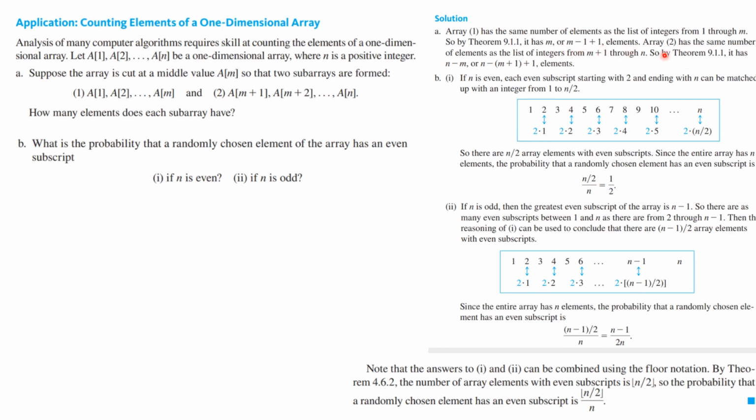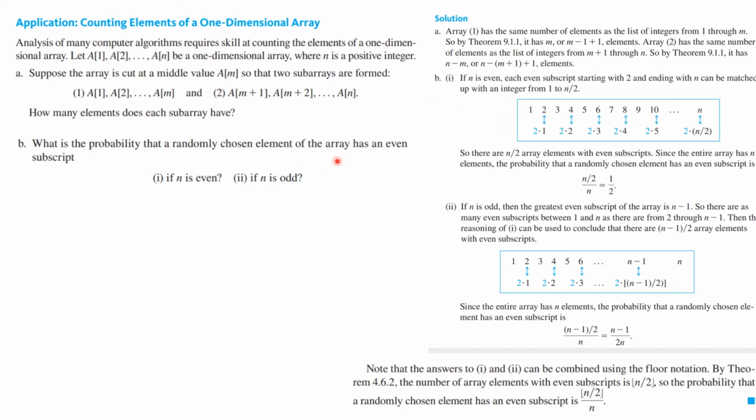We just counted them. Now array 2 starts with m plus 1 and goes up to n. So how many things are there? By the theorem, again, we find that it has n minus m, or n minus m plus 1 elements. So we know how many are in the first one and how many are in the second one, and we've calculated those.